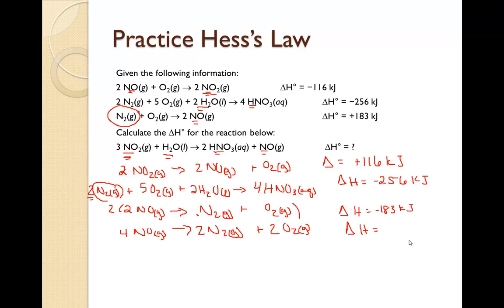That becomes negative 366 kilojoules. So I no longer need this equation, so I'm going to scribble it out as much as I can because I don't want it to confuse me. We want to make sure that we realize that it's not part of the final summation. Okay, so I can cancel this and this out now. Alright, so let's look at some other pieces of the puzzle.